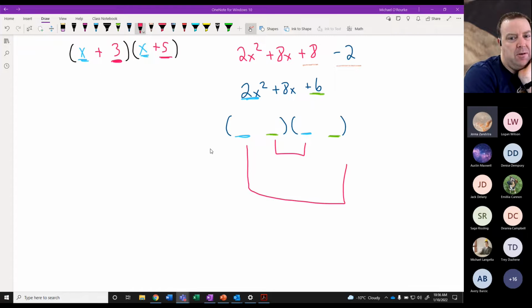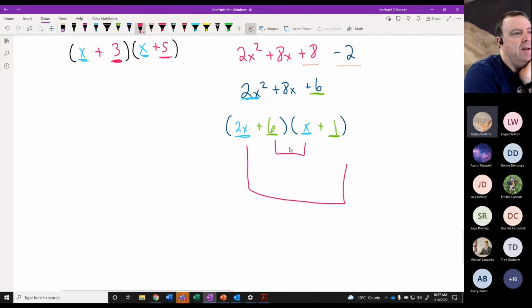So your answer should be, well, the only thing that multiplies to get 2x² is 2x and x, correct? Then this one here is going to be 6 and 1.